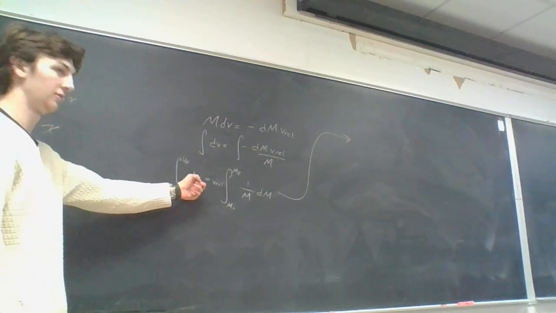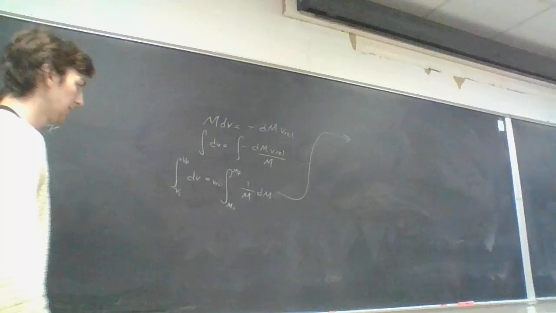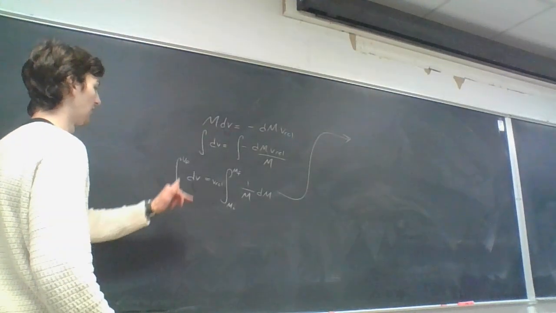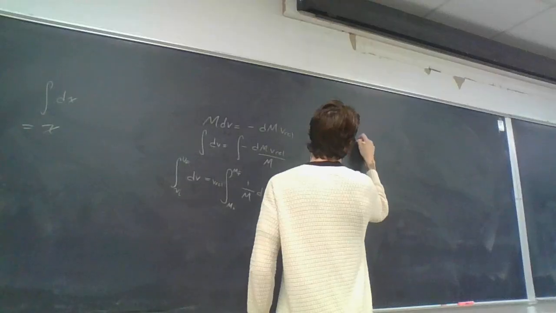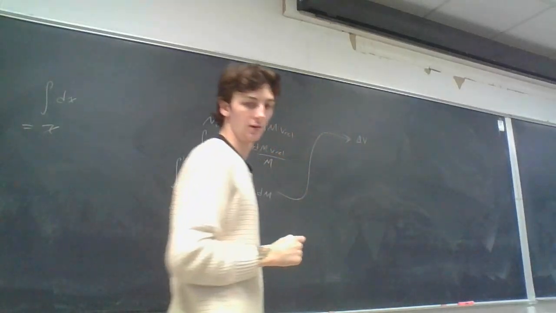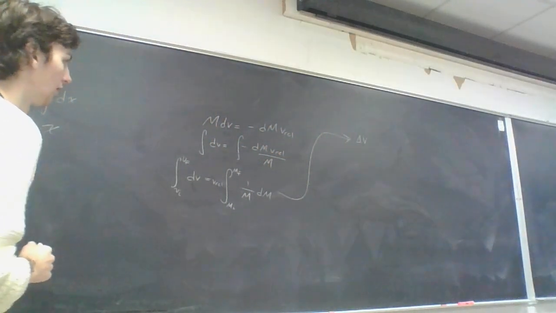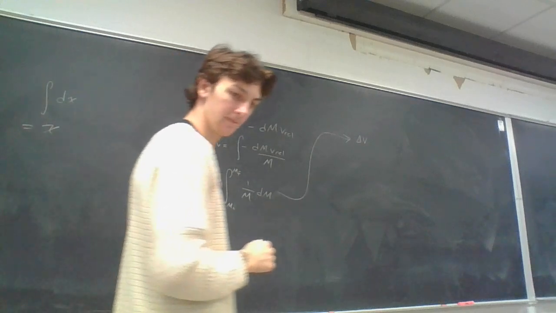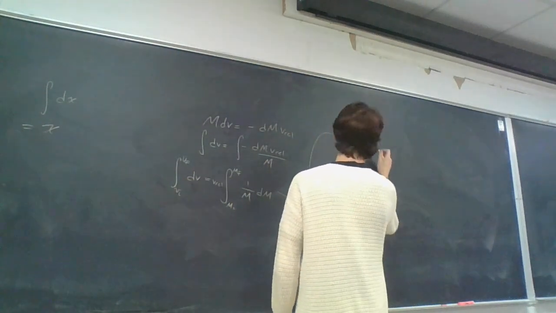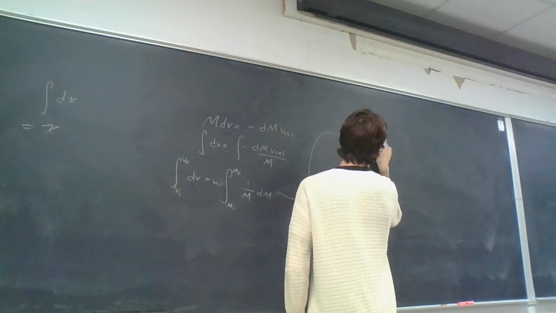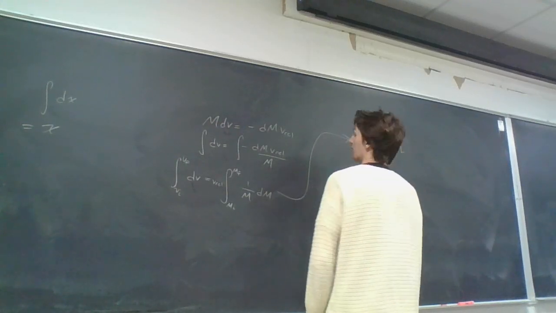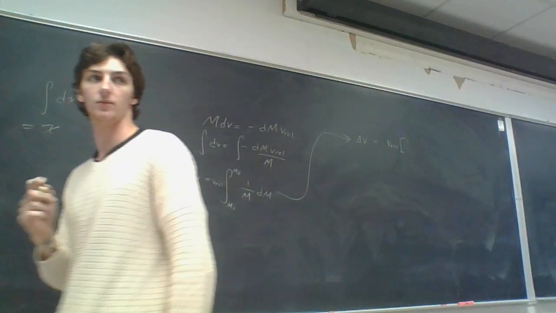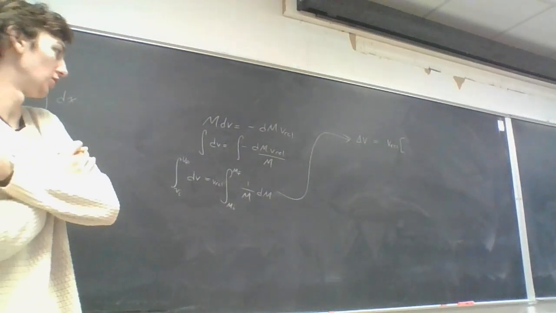Similarly here, just velocity, it would just be v. Yep. And so since our bounds are v final, v initial, it'll be v final minus v initial, so we'll call it delta v. And how about on the left side? We're going to have v relative multiplied by what? What is the integral of 1 over m?